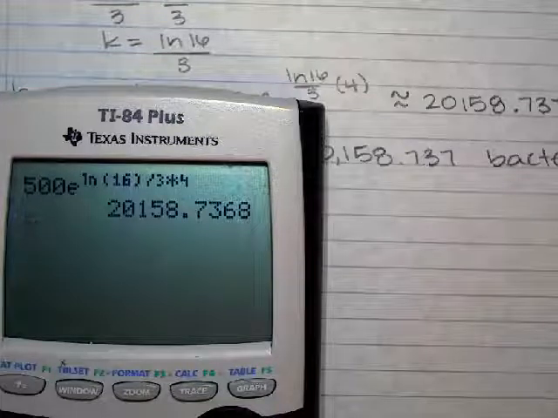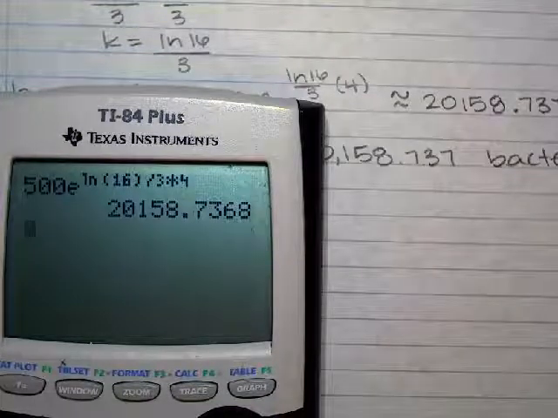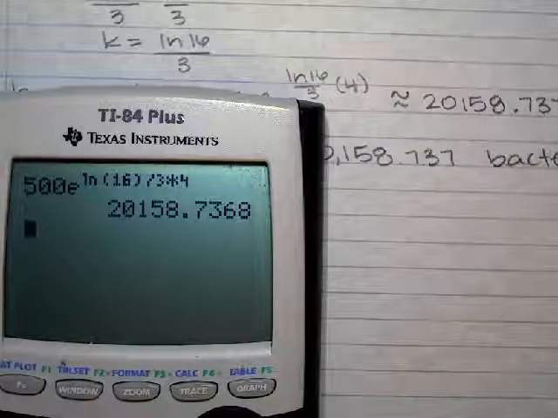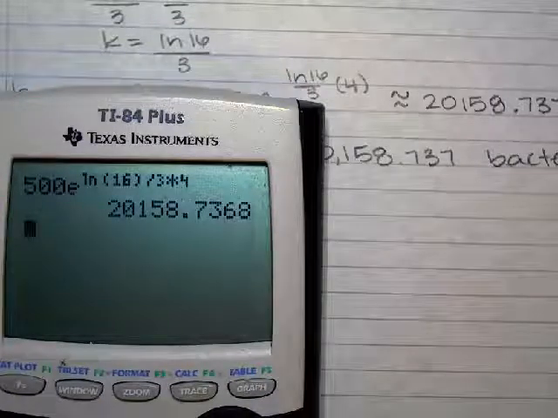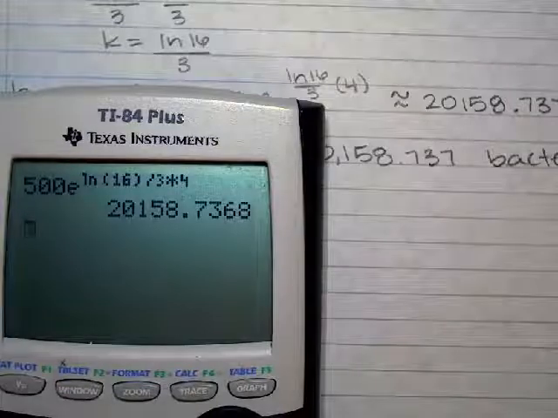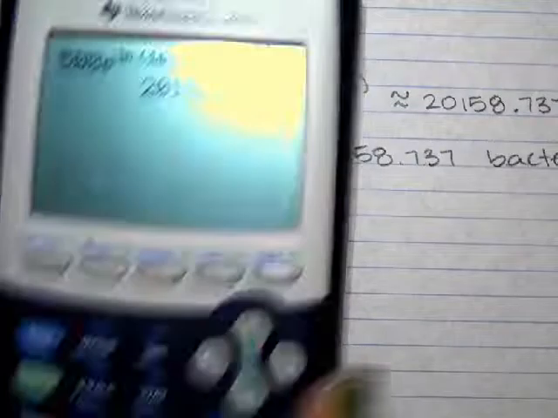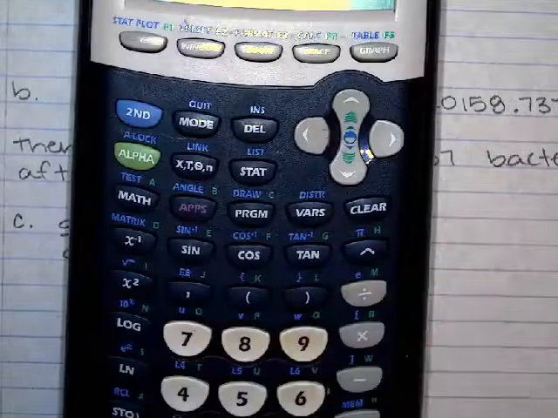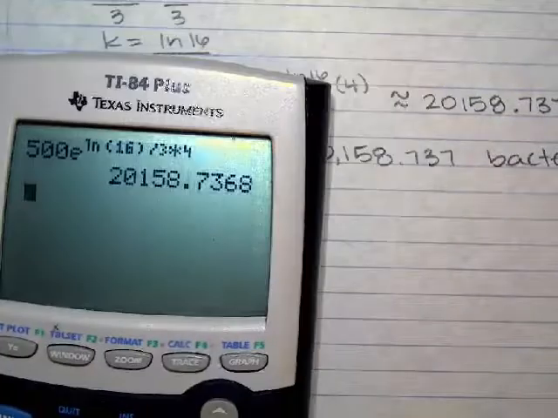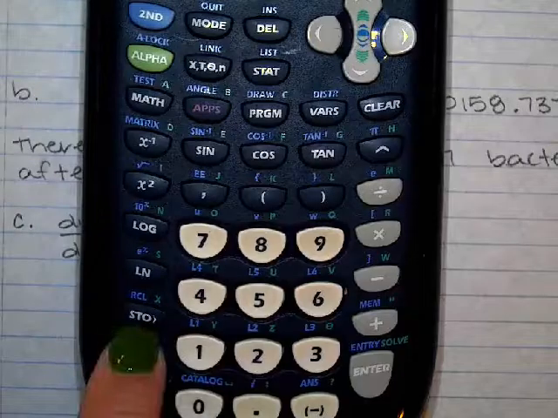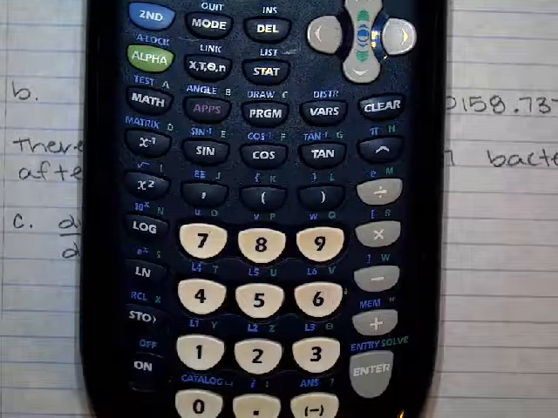Does anyone need a reminder on how we store values in our calculator? Yes? Okay. So if you wanted to store a number, let's say we wanted to take this and store it, I could do that right now. If you have this as the last thing in your calculator, you could hit the STO button. And I'll go ahead and store it as Y, since Y represents the population.